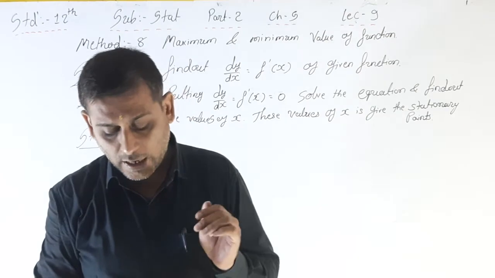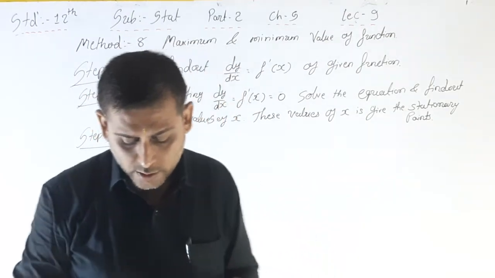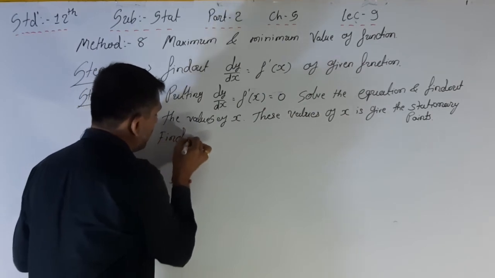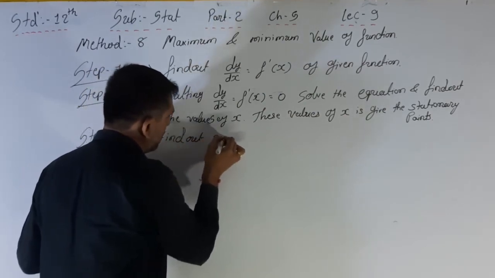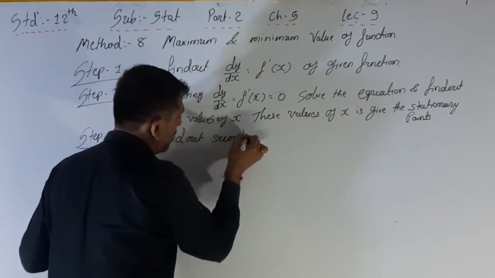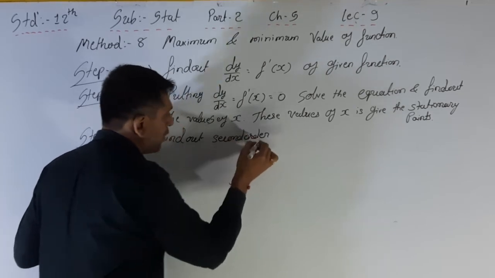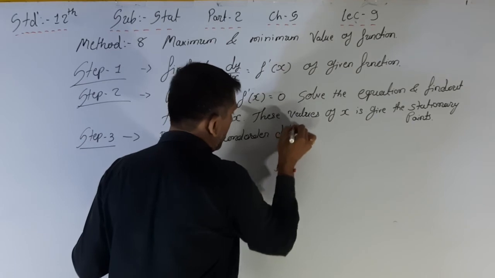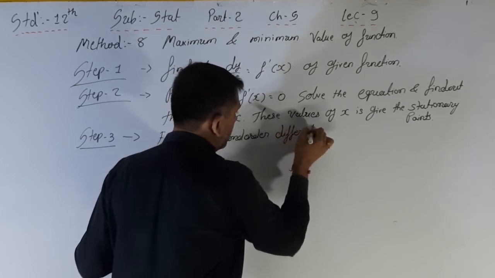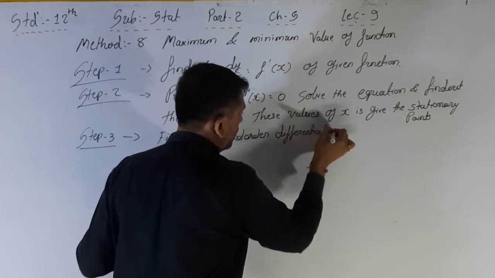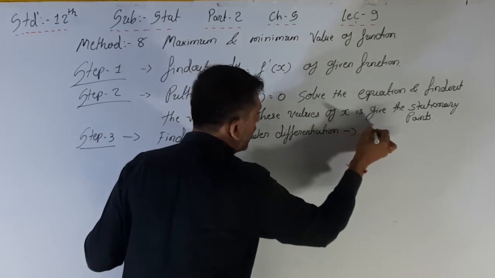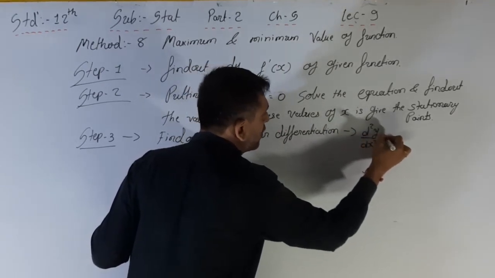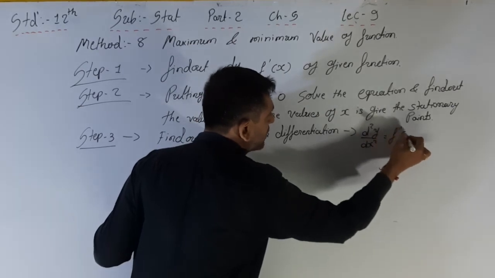Okay, the step number 3 is find out the second order differentiation, that is d square y by dx square, or you can say f double dash x.